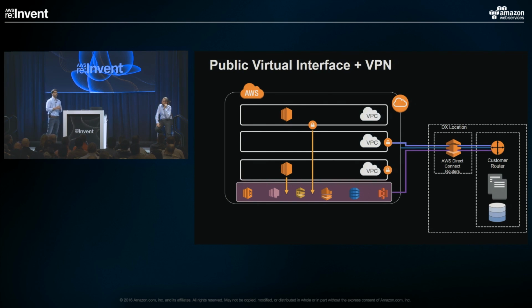What this means is that you can create a VPN connection to a VPC, and that will travel through the public virtual interface. Many of our customers who have compliance requirements around encrypting traffic establish virtual VPN tunnels over Direct Connect and access the VPC in that manner instead of directly using a private virtual interface.